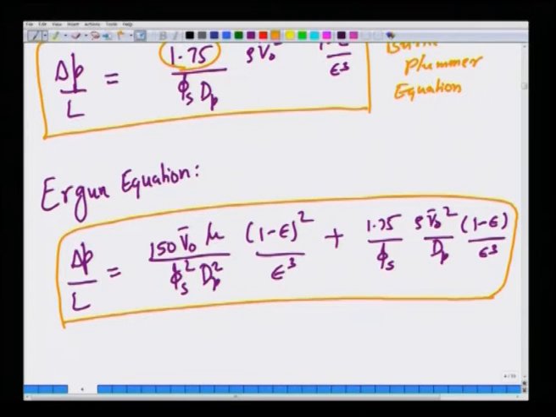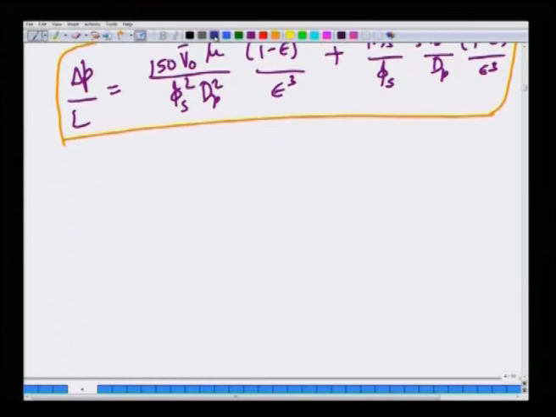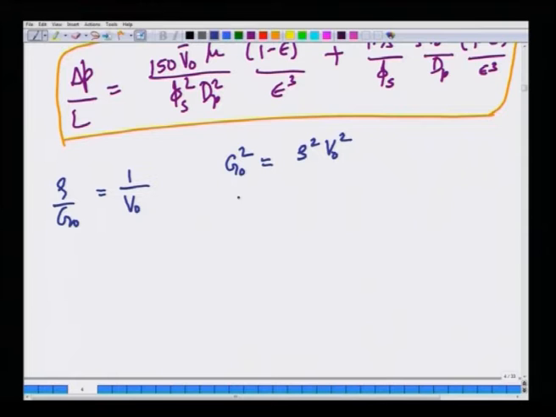Okay. So, people often define rho by G naught as 1 over V naught, or G naught squared is rho squared V naught squared. So, rho by G naught squared therefore becomes 1 over rho V naught squared. Whenever you have 1 over rho V naught squared, we convert it to rho by G naught squared.